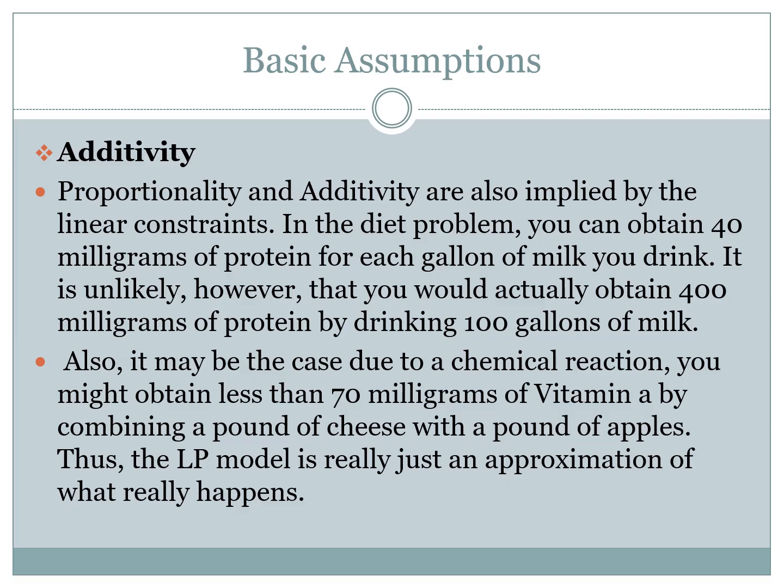It is unlikely, however, that you would actually obtain 400 milligrams of protein by drinking 100 gallons of milk. Also, it may be the case that due to chemical reaction, you might obtain less than 70 milligrams of vitamin A by combining a pound of cheese with a pound of apples. Thus, the linear programming model is really just an approximation of what really happens.